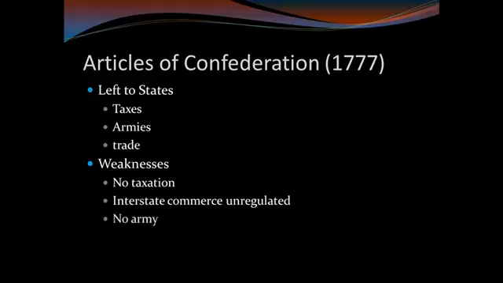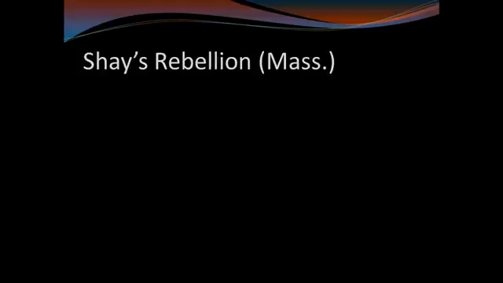And then finally, there's no army, and this is what will be the biggest problem ultimately in the end, because they're going to get a rebellion in Massachusetts, and it's known as Shays' Rebellion. So Massachusetts has some very, very poor farmers on its very western edges, and they were suffering from a stagnating economy, inflationary prices, and the fact that many of them were veterans from the military and hadn't been paid wages for their military service.